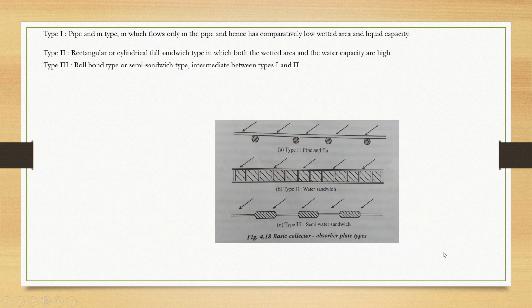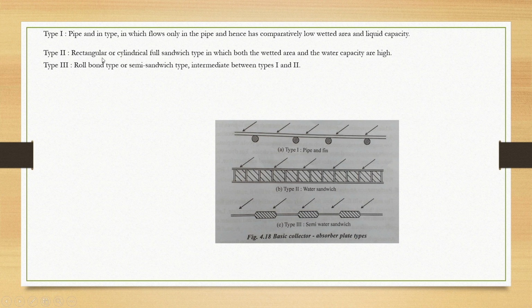Next, there are three types of basic collectors, that is type 1, type 2, and type 3. Moving on to type 1, the pipe and fin type, where liquid flows only in the pipe and hence has a comparatively low wetted area and a low liquid capacity.